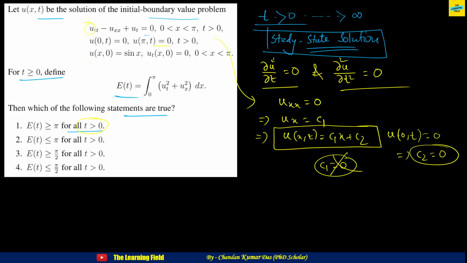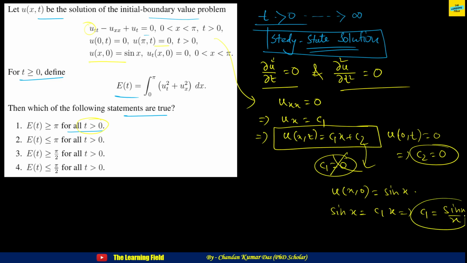So we have another boundary condition that we can apply, u(x,0) equal to, sorry, given sin x. If we apply it, then sin x equals c1x, so we get c1 equal to sin x by x.